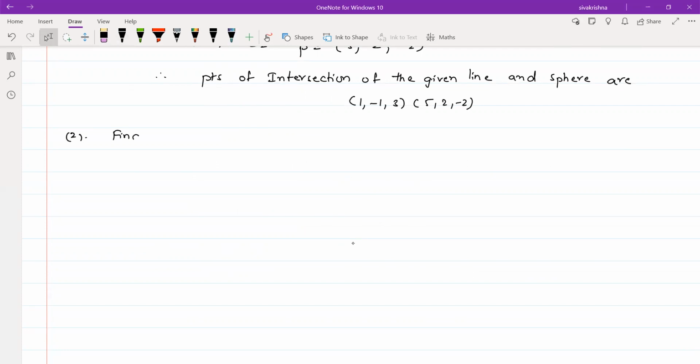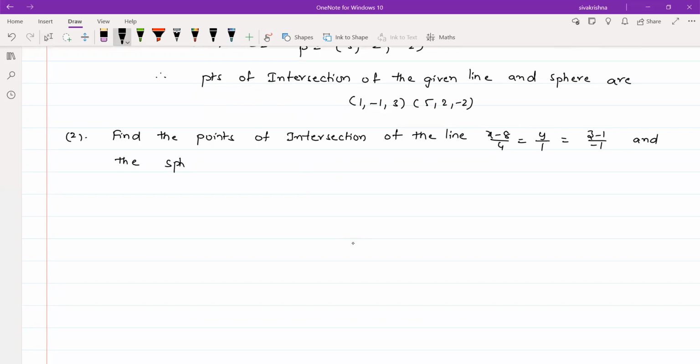Find the points of intersection of the line (x-8)/4 = y/1 = (z-1)/(-1), and the sphere x² + y² + z² - 4x + 6y - 2z + 5 = 0.